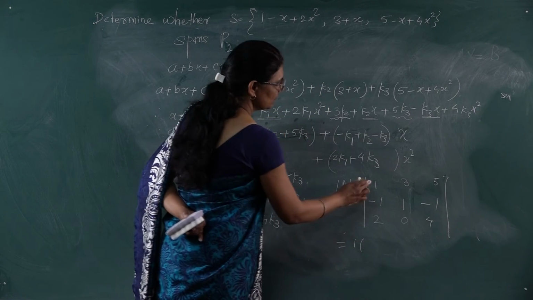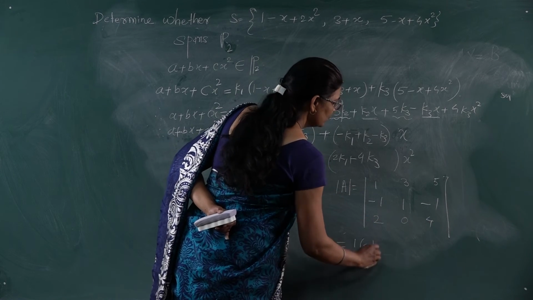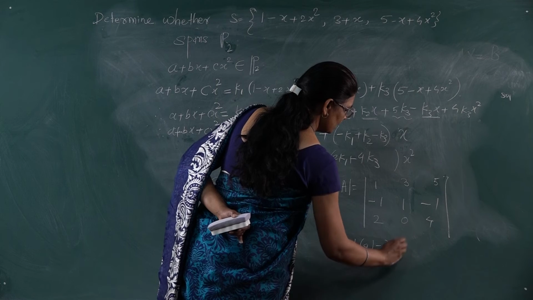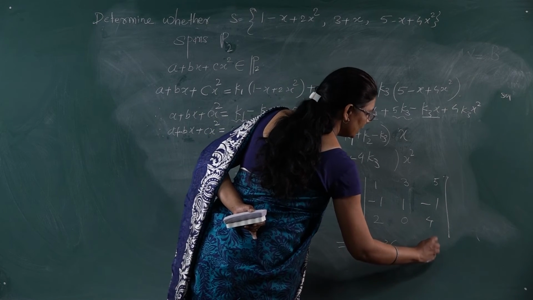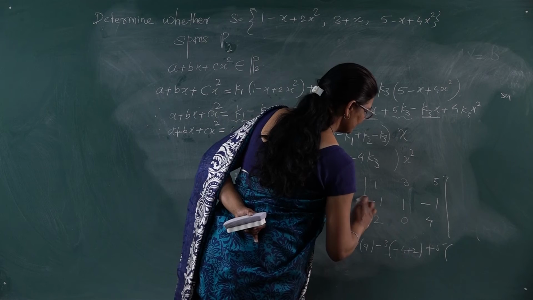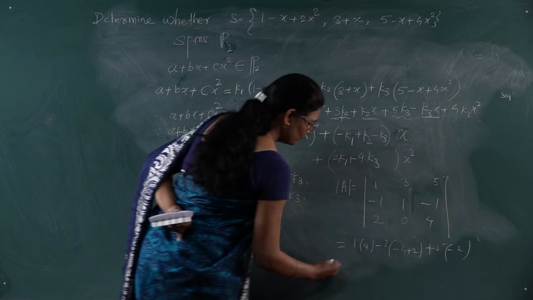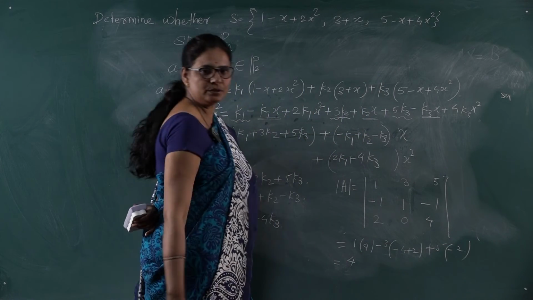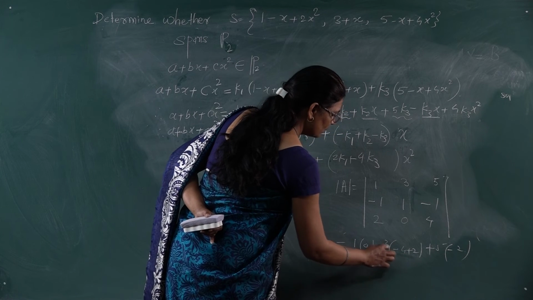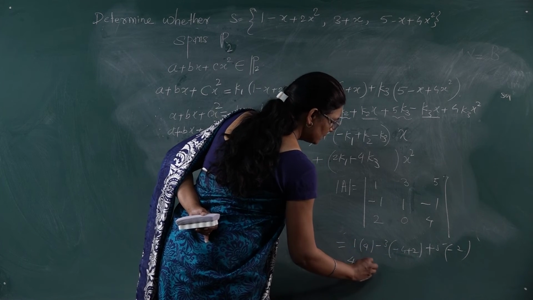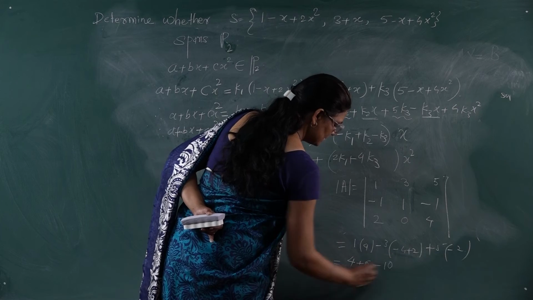So its value is 1 into 4 minus 3 times minus 4 plus 2 and plus 5 times 0, it is minus 2, which is the same as 4. Then it is minus 2 and minus 3. So plus 6 and then minus 10.